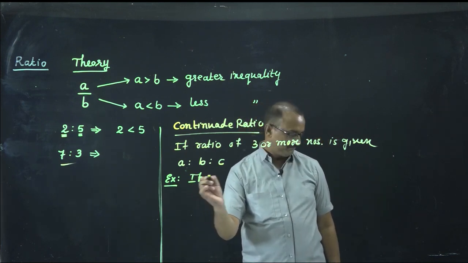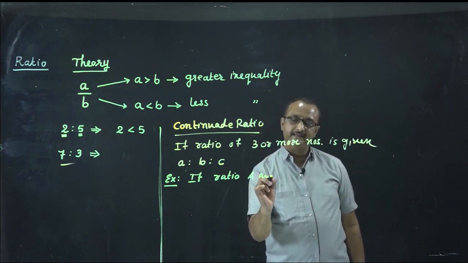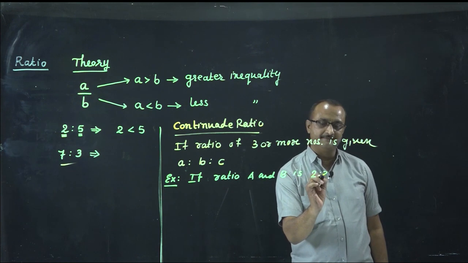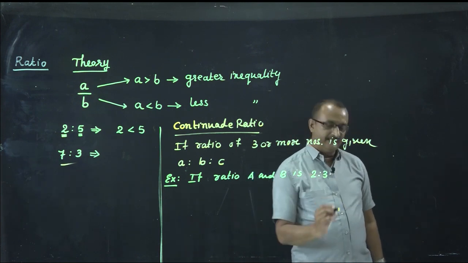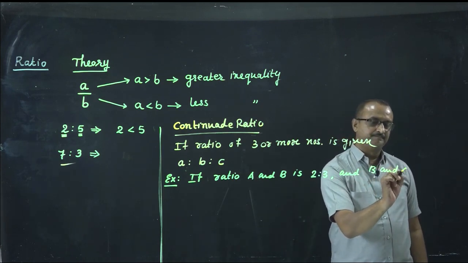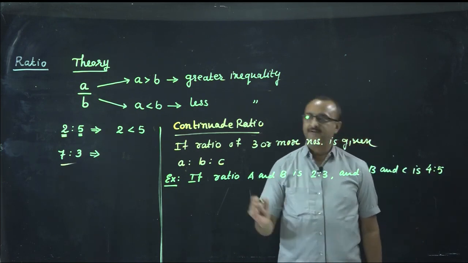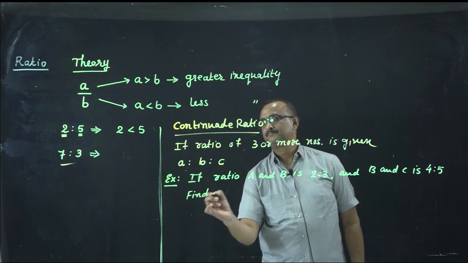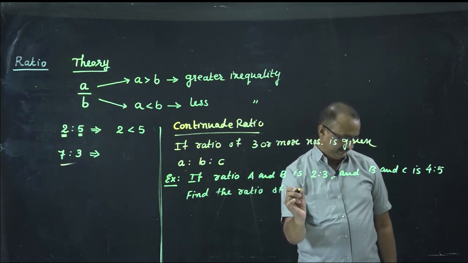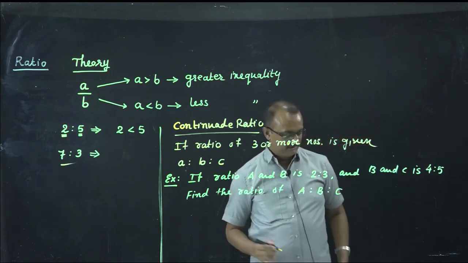If ratio of A and B is 2:3 and B and C is 4:5, find the ratio of A is to B is to C. Okay.